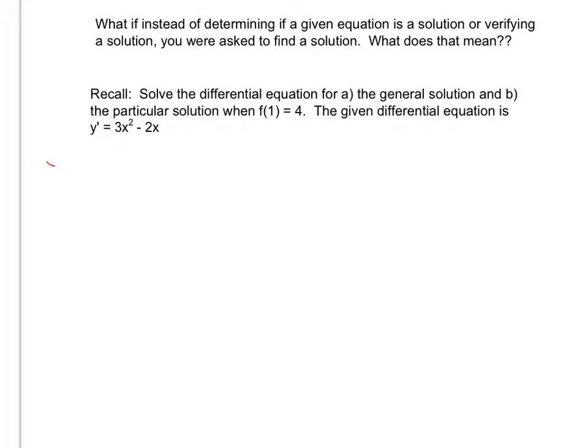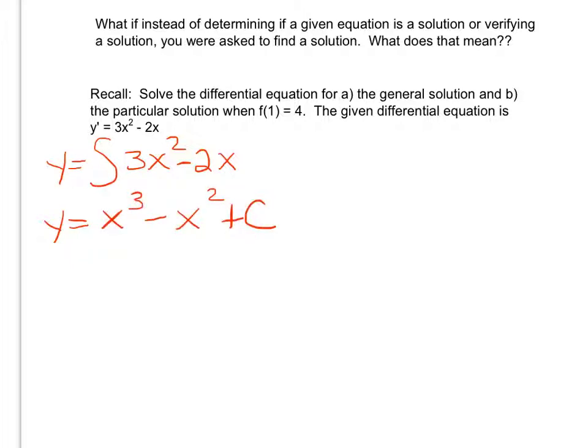In order to solve this, in order to find out what y is, I am going to integrate my differential equation. Doing this gives me y equals 3 over 3 x cubed minus 2 over 2 x squared plus c. This would be my general solution. For my particular solution, I solve for c, so f of 1 equals 4.